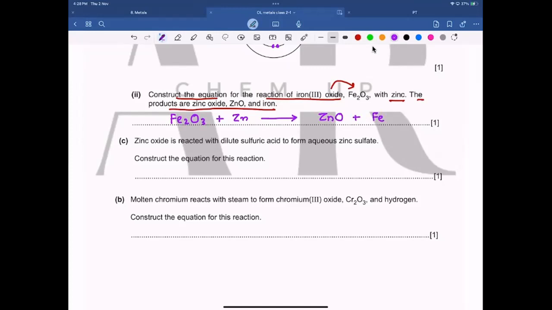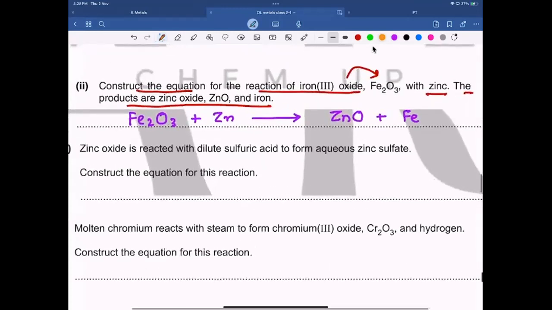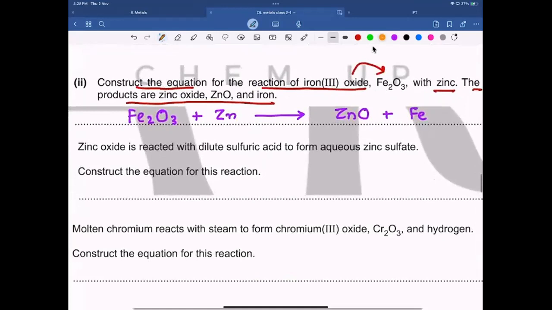Now, is my equation balanced? No. How will we balance it? Two Fe, very good. 2 before Fe. Now iron is balanced.